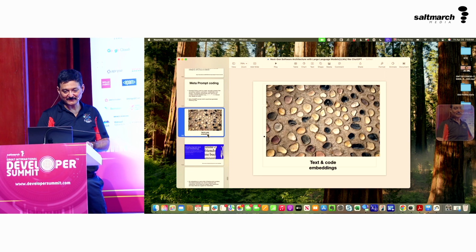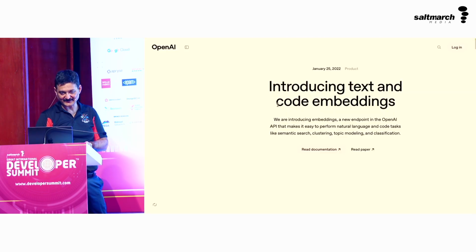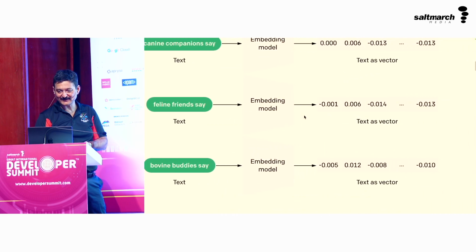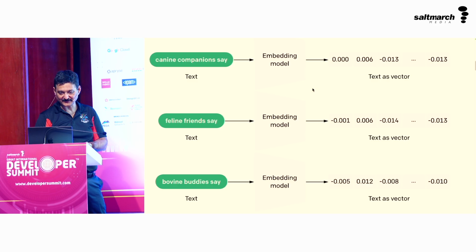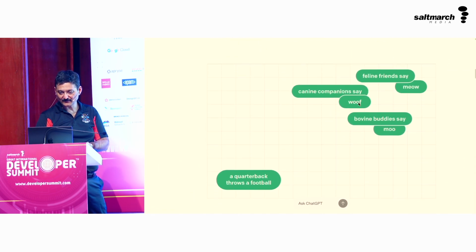Let me show you what it is doing behind the scenes, and then we'll end right here. It's putting everything in a vector. The text is converted into a vector. Woof, that's a dog, moo, that's a cow, meow, this is a quarterback.